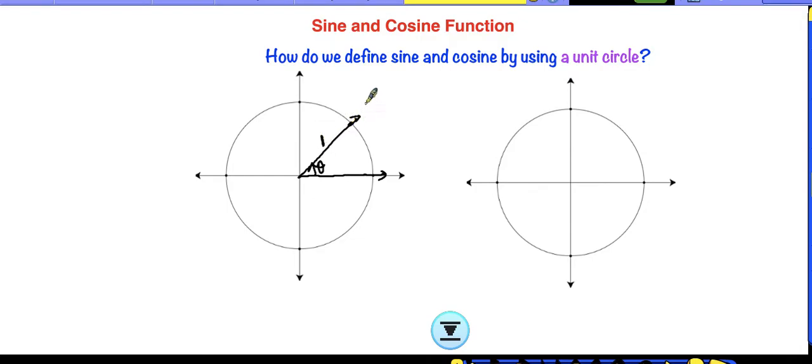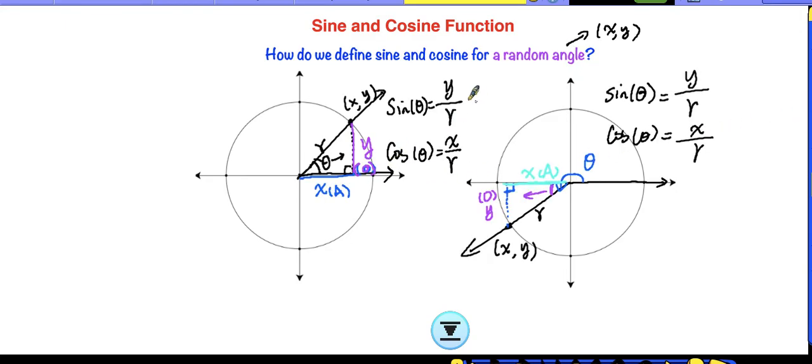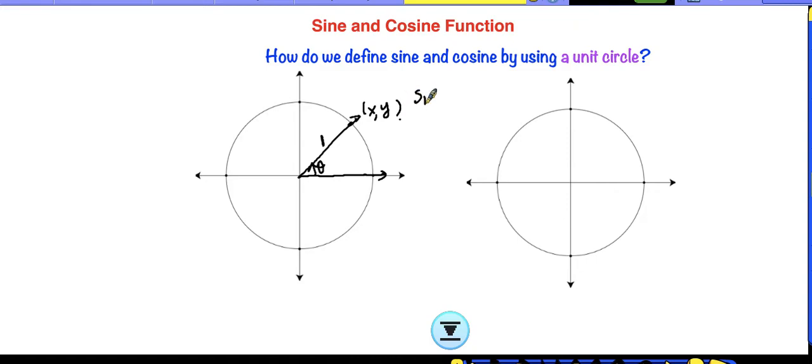So if this is (x, y), we still use the same definition here. Sine theta is y over r, but we know the radius is 1, so it's y over 1, which is y.